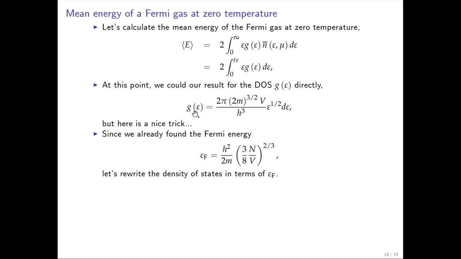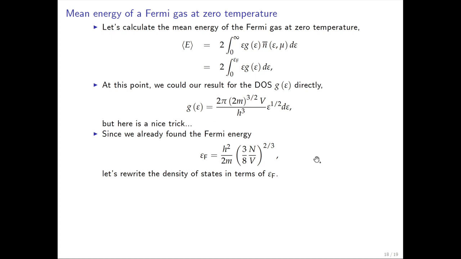It would be very helpful if we were able to get the density of states in terms of the Fermi energy, right? And you could do that. You could say, let me solve this for volume, and I'll plug in the volume there. And that's also a lot of algebra to do, taking powers and stuff. It's kind of a pain.